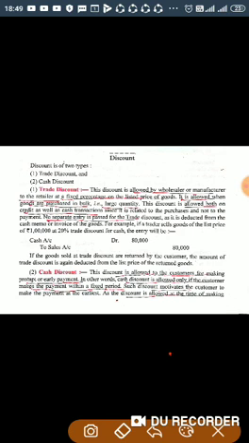They say if you purchase this specified quantity, then we will allow some discount. So that trade discount is allowed by the seller to its customer when they purchase goods in bulk or in large quantity.